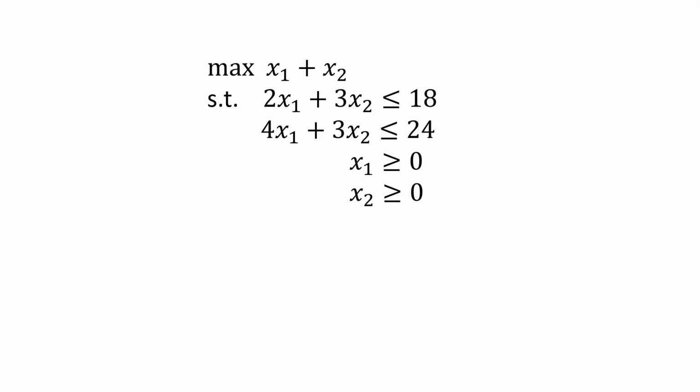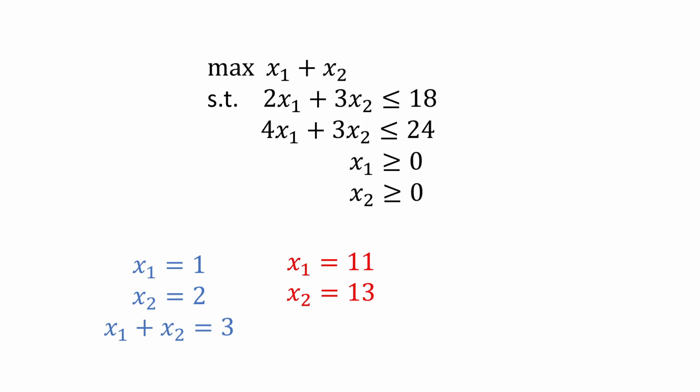Now, one possible solution for this linear program is this one here. You set x1 to 1 and x2 to 2, and then you can check that this satisfies all the constraints. And then our objective, x1 plus x2 equals 3. What is not a feasible solution is what you see here in red, setting x1 to 11 and x2 to 13.